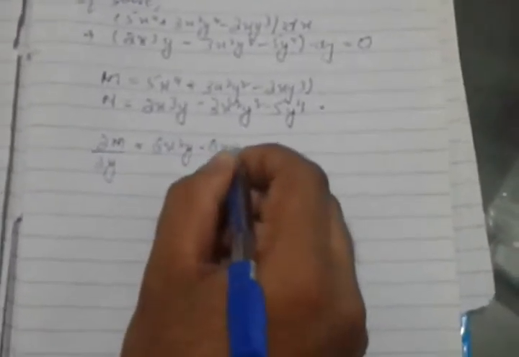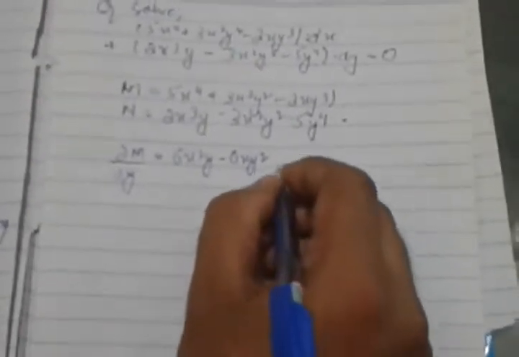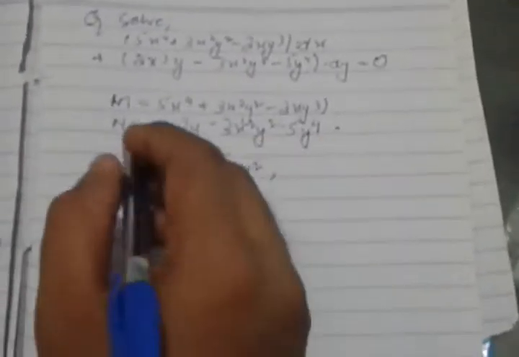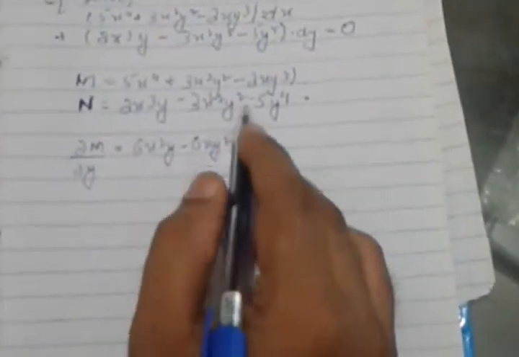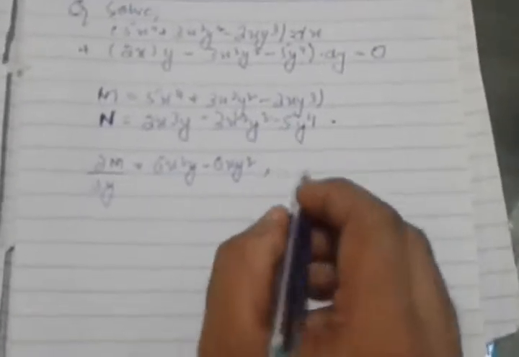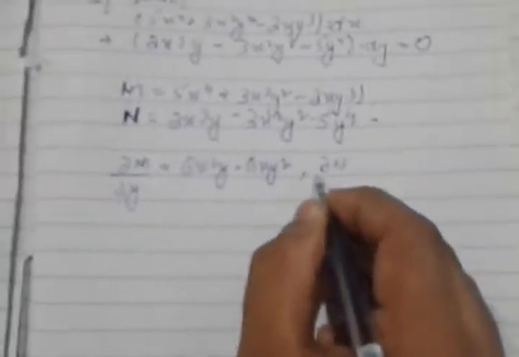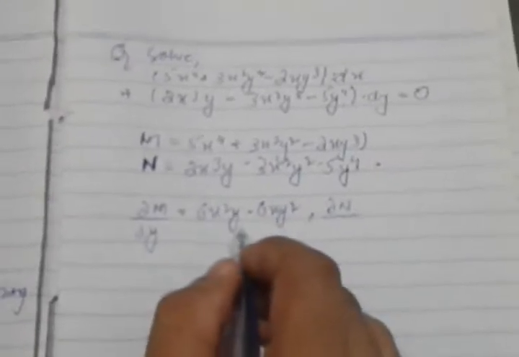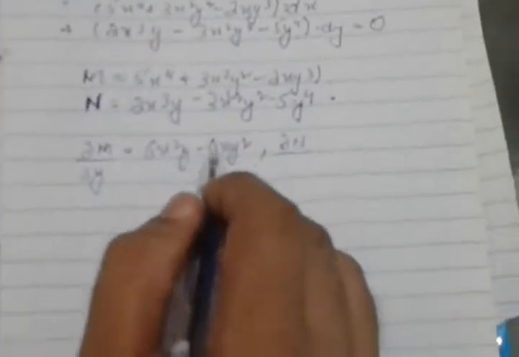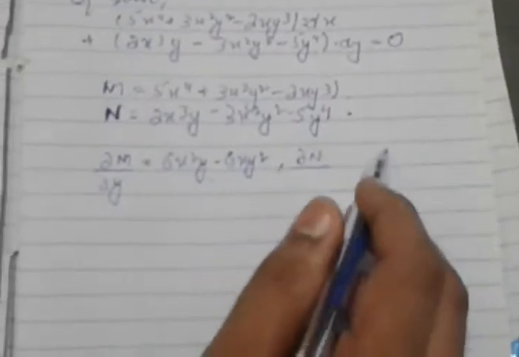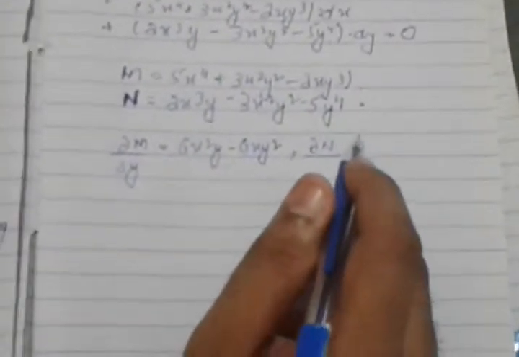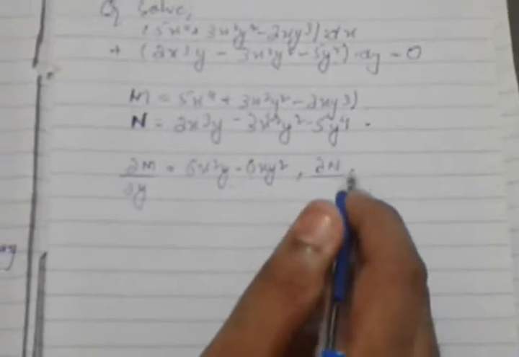This is the basic requirement. And after this is N, I will make it clear. Now differentiating N with respect to x, we keep y constant.